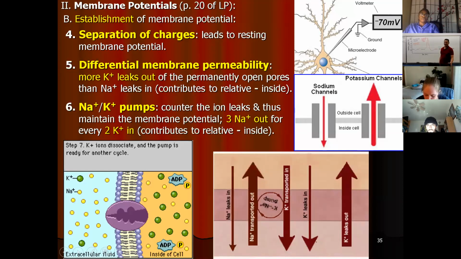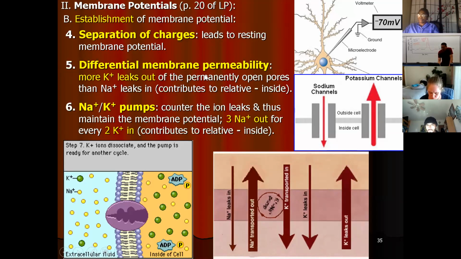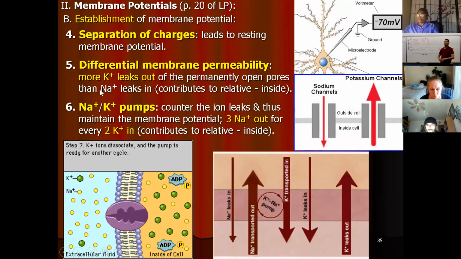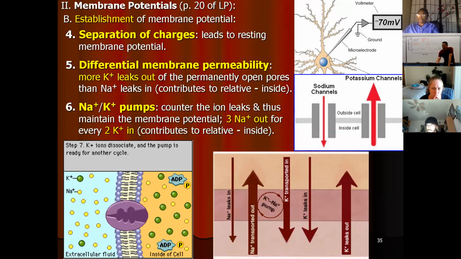Connect that slide on the sodium gates to number 5. Potassium has two different types of gates. One is permanently open pipes. That's why more potassium leaks out. Sodium is never wide open. Even when they're supposed to be open, the gates are still flickering, regulating how much sodium can go in. You see how those are connected to number 5 here.